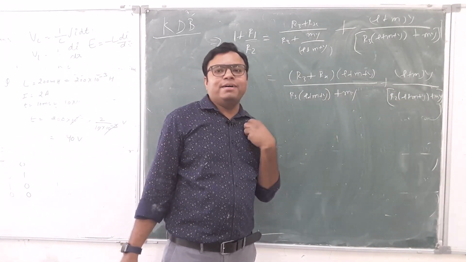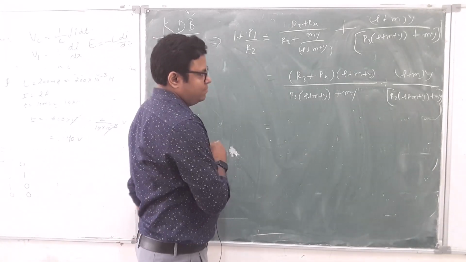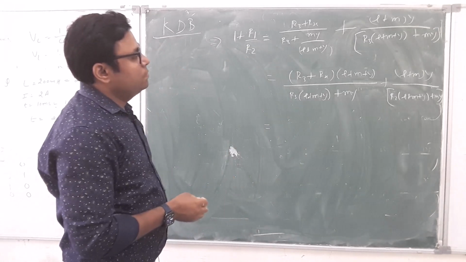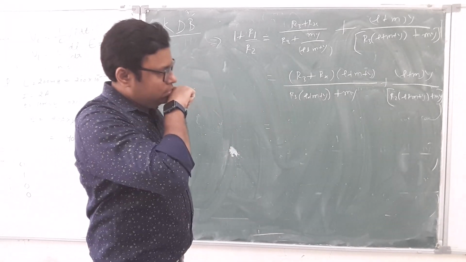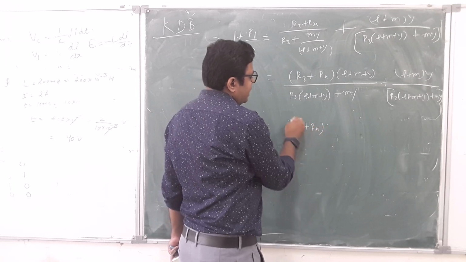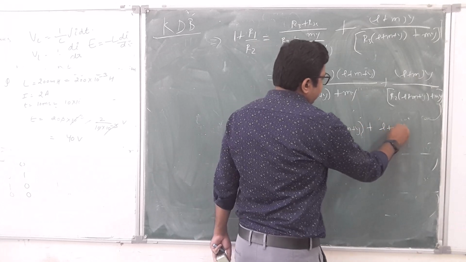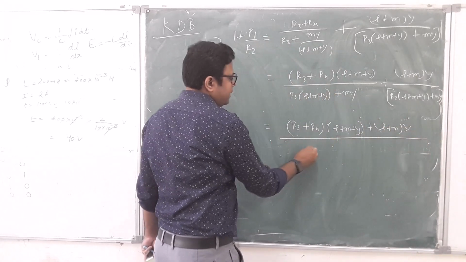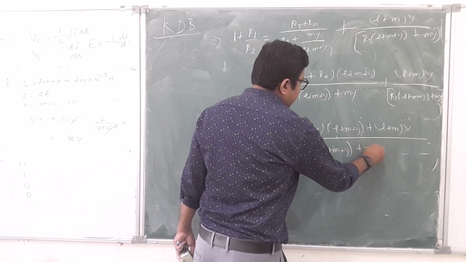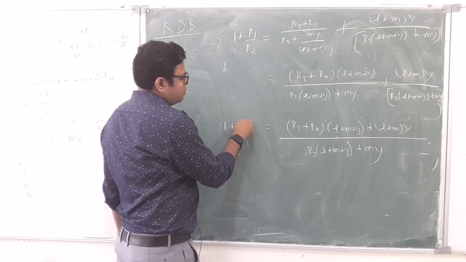If you say my, it is yours. Okay. So the equation is common. Okay. So it is (R3 plus Rx)(L plus M plus Y) plus (L plus M) into Y by R3(L plus M plus Y) plus My is equal to 1 plus R1 by R2.